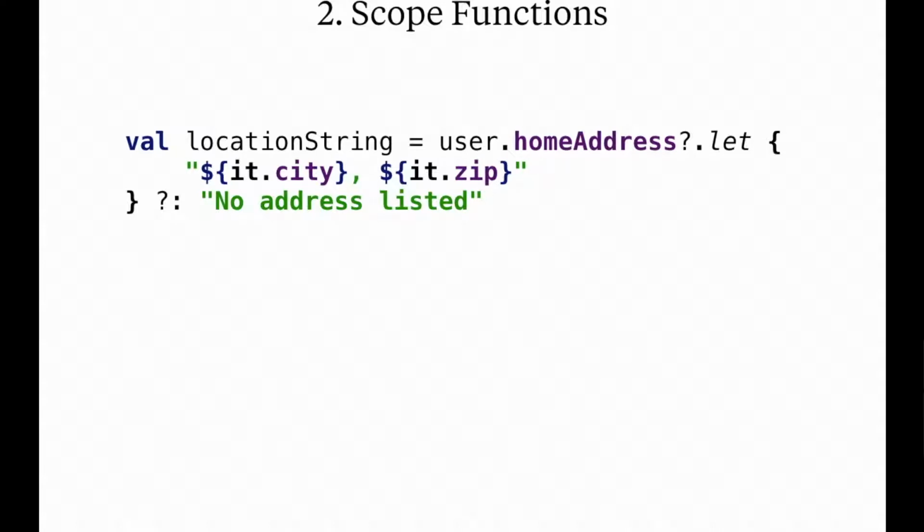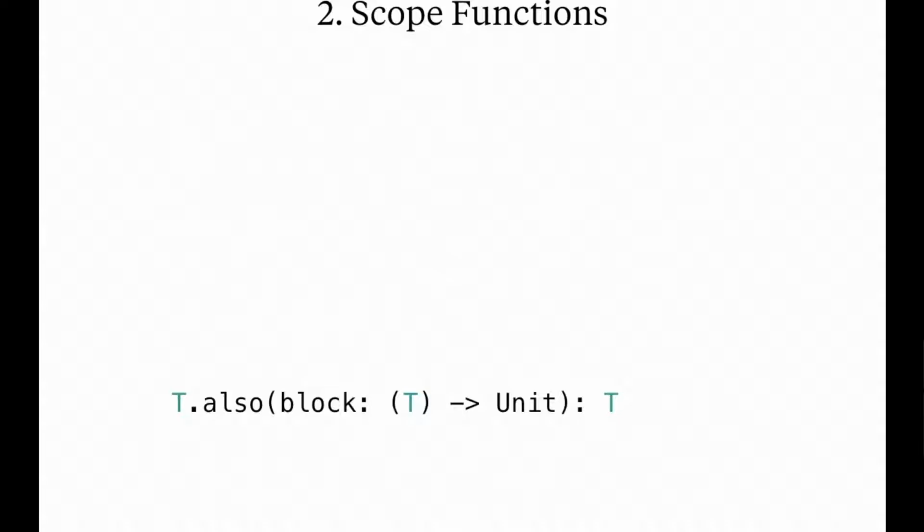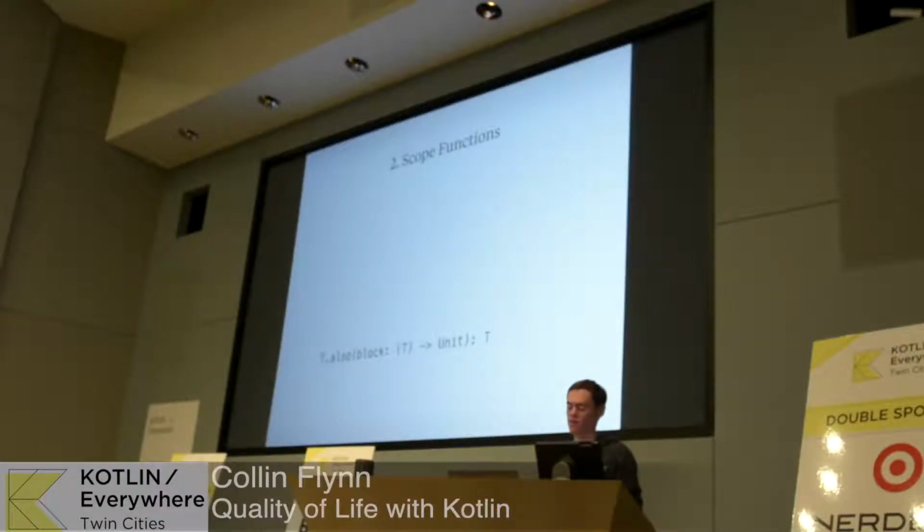Finally, also looks a lot like apply, but it reads quite a bit differently. Whereas apply reads like, take this object and apply these changes, like with the paint. Take this and do a bunch of configuration. Also is more like a parenthetical side statement. It's kind of, while you're at it, take care of this. I would never call also to perform a bunch of mutation.